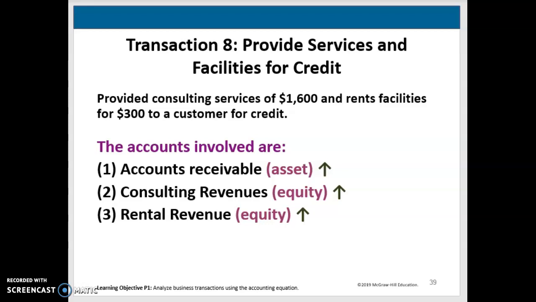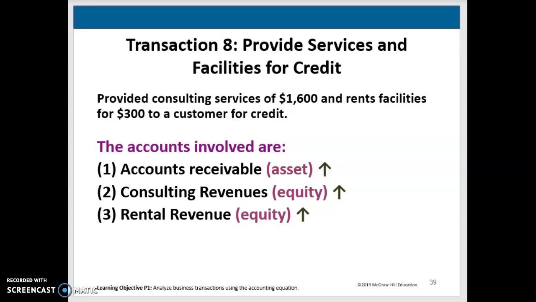So we're setting up a receivable because they're going to pay us sometime in the future. It's cash that's coming to us in the future, but because we don't have it yet, we record it as something we're going to receive using accounts receivable.